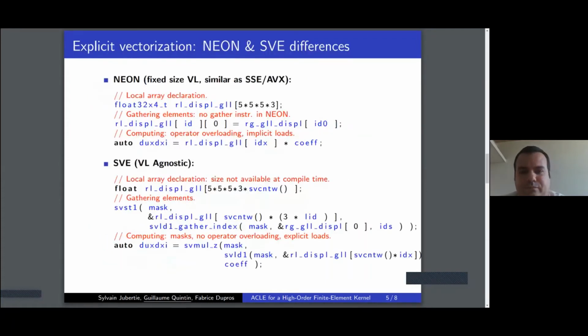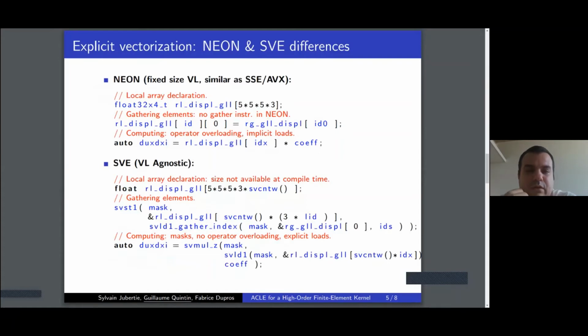The differences between Neon and SVE when programming are these. In Neon, as the vector size is known at compile time, you can write arrays of SIMD vectors.